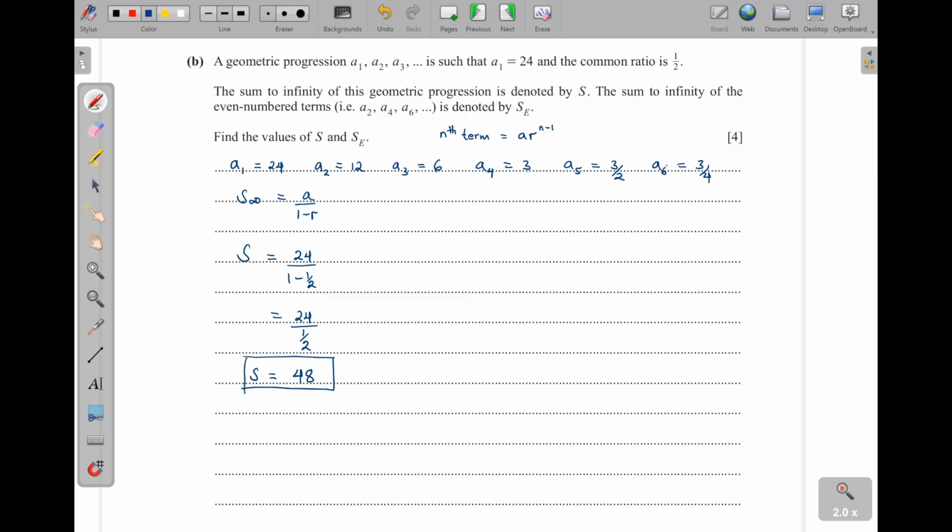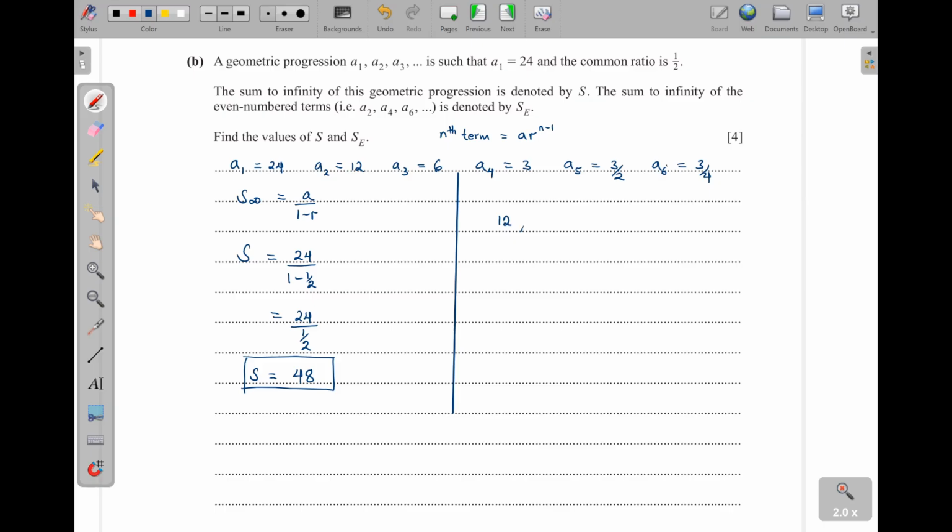Now, let us look at this other one for the even. Okay? They are saying that the even numbered terms, A2, A4, and so on, the sum to infinity is SE. So the first term for this kind of sequence is going to be A2, okay, which is 12.